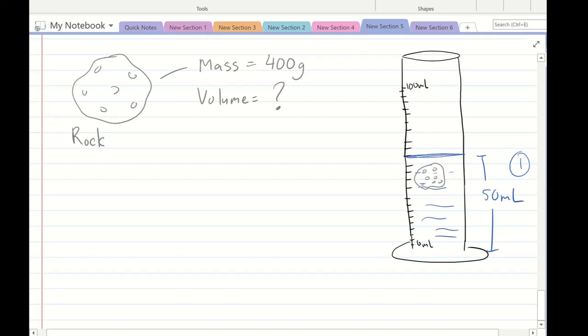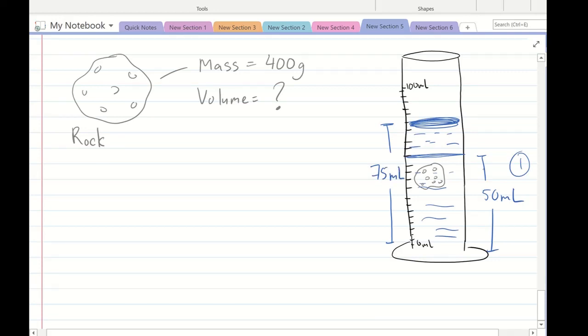If you ever did something similar, if you have a cup of water and you put ice in, what happens to the water? The water rises. So now the water level rose, and this is your new level. Let's say it's now 75 milliliters.